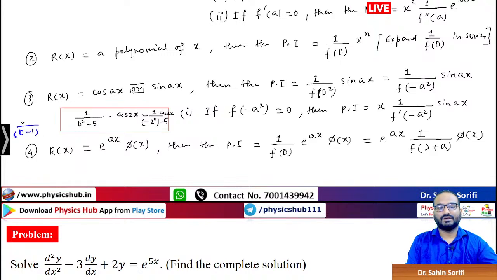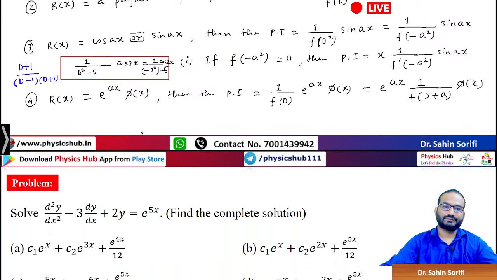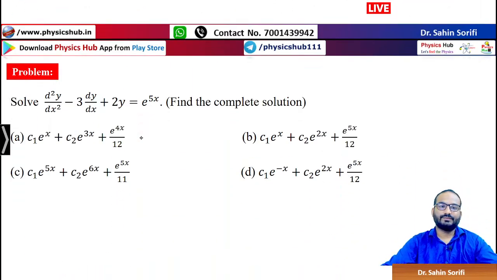So you can multiply by D plus 1 divided by D plus 1, then it will become D square minus 1, then you can put D square equals minus a square. Okay, let's solve this first problem.